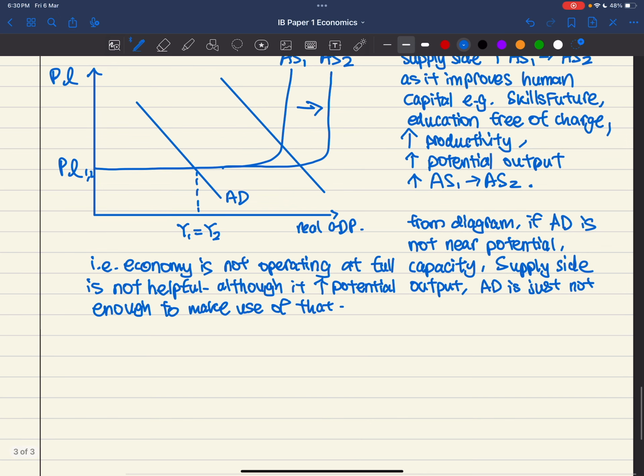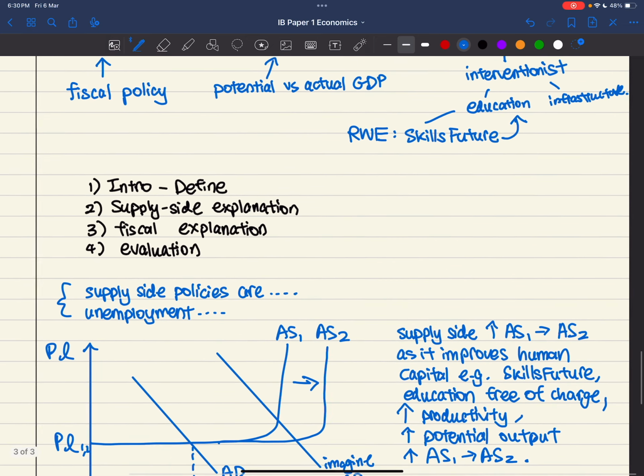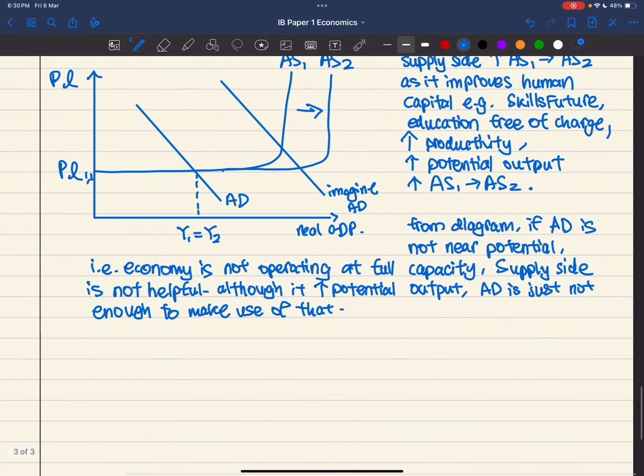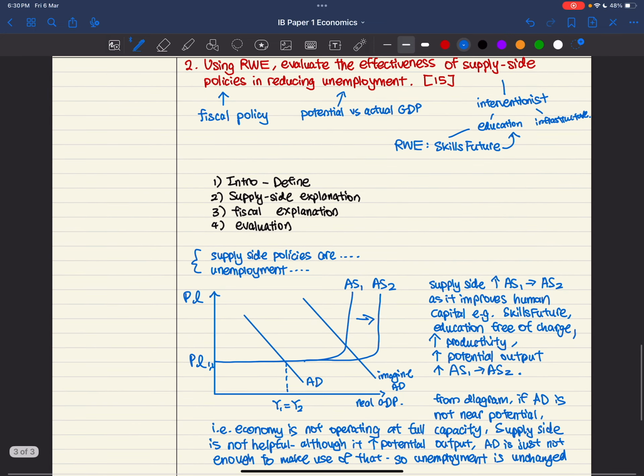You can have a second diagram where AD is here. What can you explain then? We can explain that it goes from here to here, and that increases real GDP. All this we need to tie back to the question, unemployment. So unemployment is still unchanged. Why? Because Y2 is still Y1, and there's a gap to the full capacity. So actually it might have increased even. But that's my supply side argument.